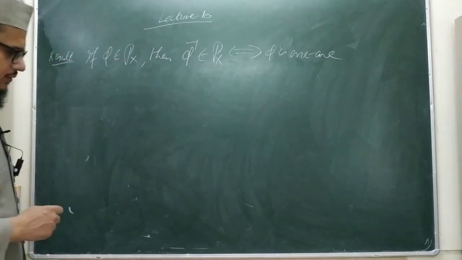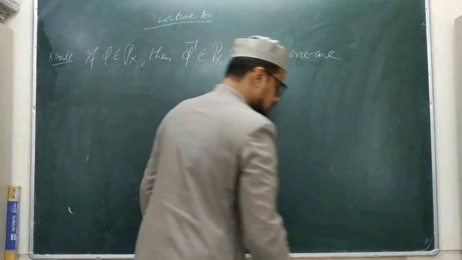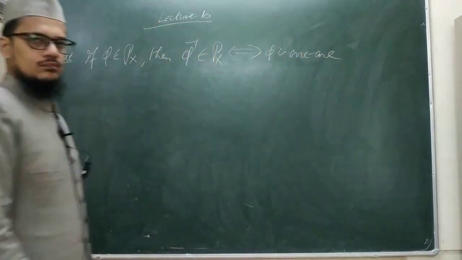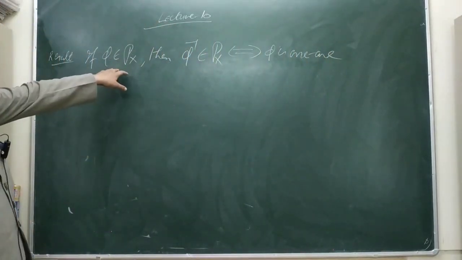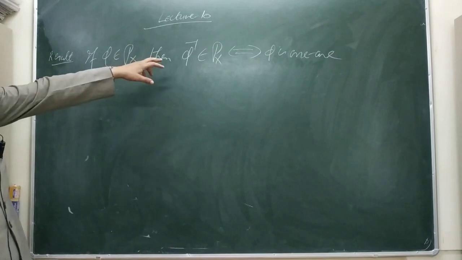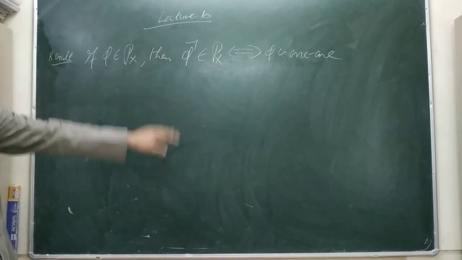So see what is given here. Phi belongs to Px, then phi inverse belongs to Px if and only if phi is 1-1.